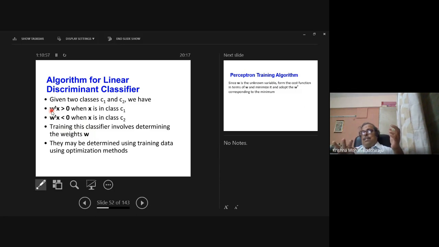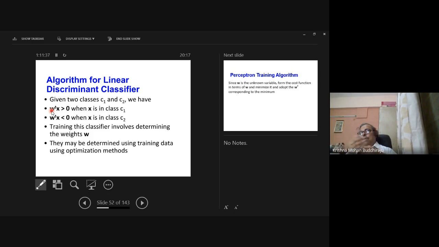Similarly, when you get a negative response for a sample that belongs to class 1, where the response should be positive, the weights are moved up. By doing this hundreds of times, you come up with a set of W's which will then produce the correct response. Given samples of class 1, they produce a positive response, and given samples of class 2, they produce a negative response. So that takes care of the training phase.